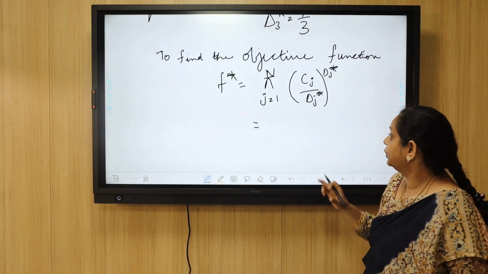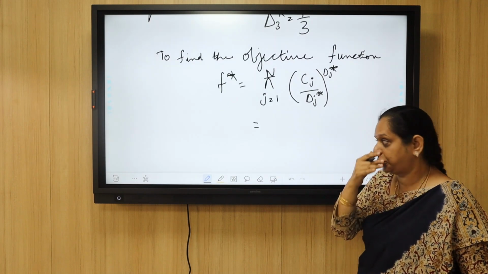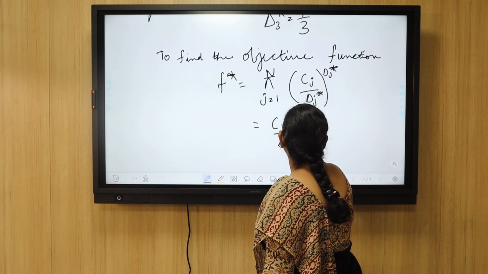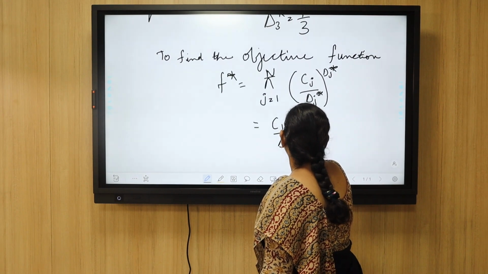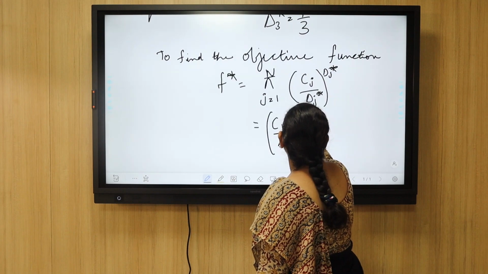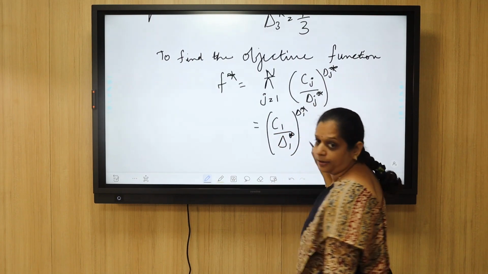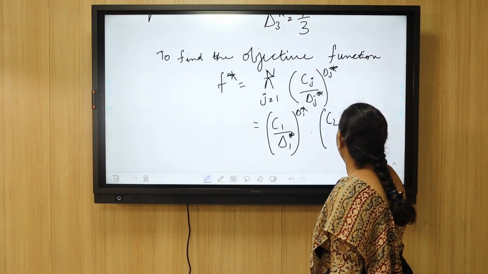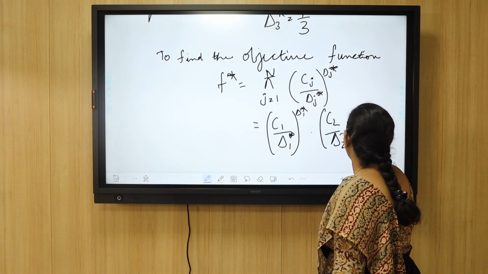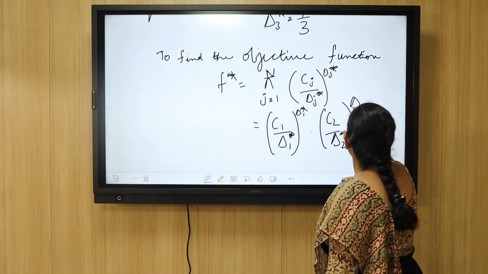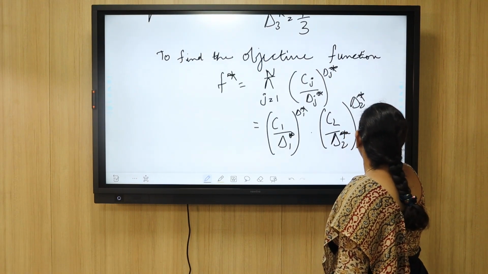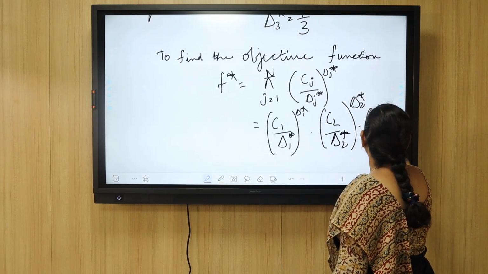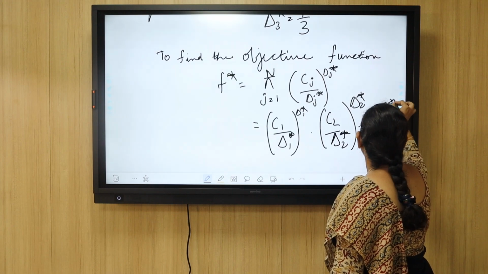Delta 1 star, with capital N equal to 3. So we can write this as C1 by delta 1 star whole to the power of delta 1 star, into C2 by delta 2 star whole to the power of delta 2 star, into C3 by delta 3 star whole to the power of delta 3 star.